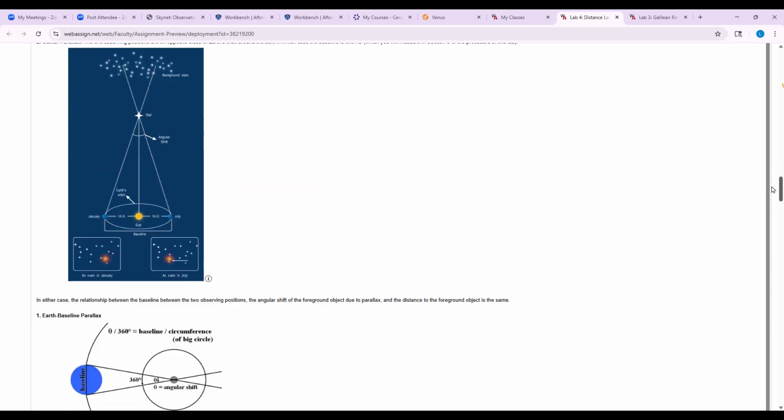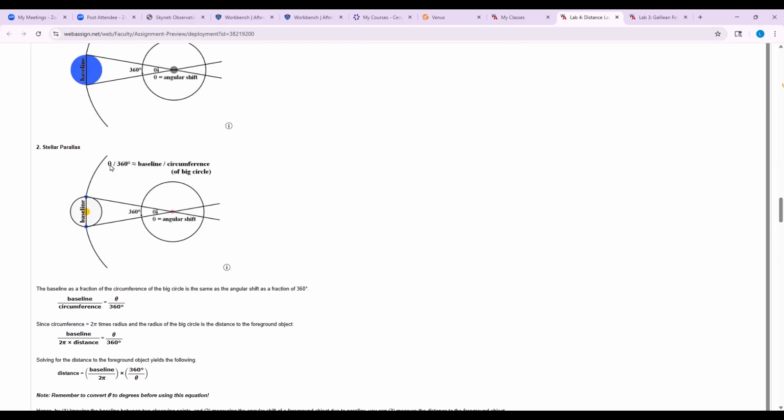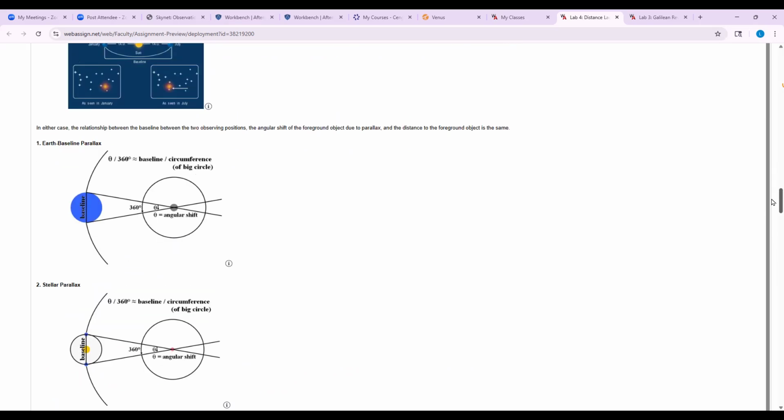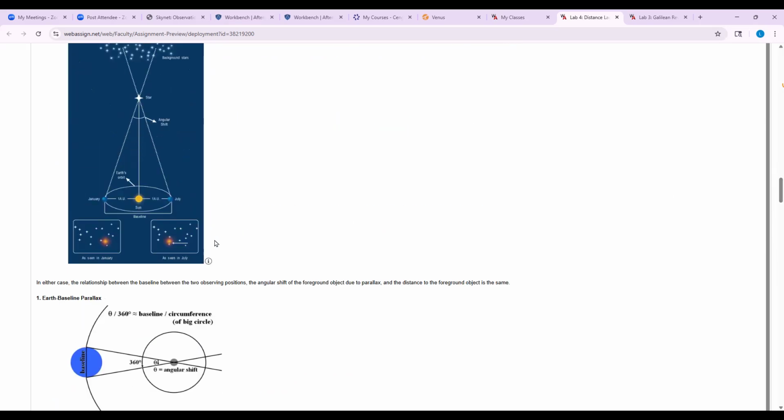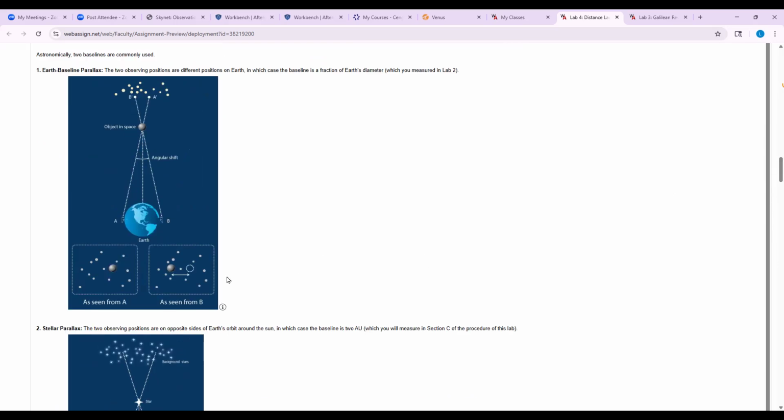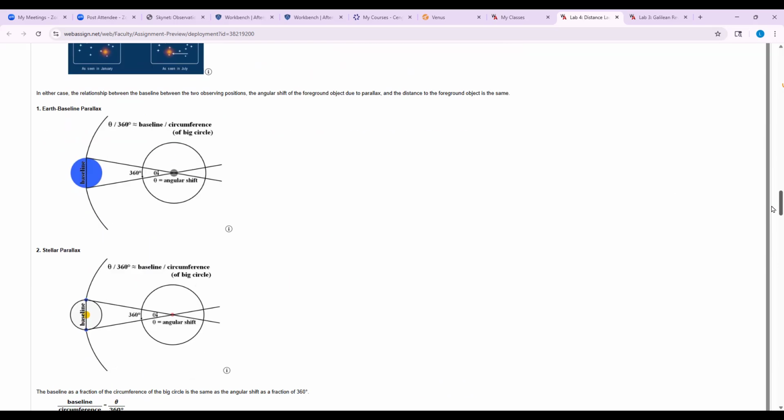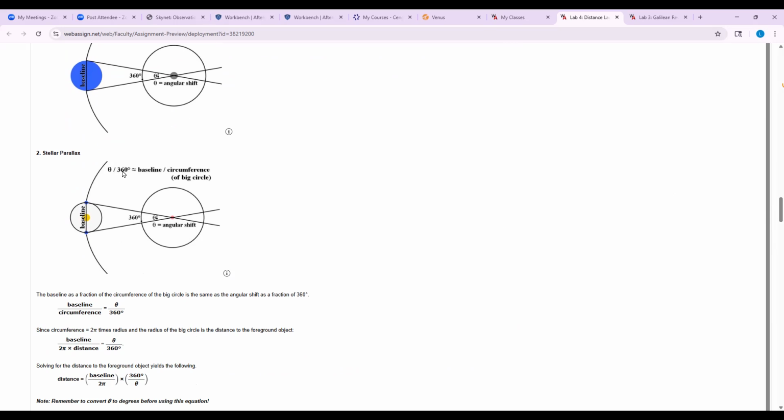Therefore, here we're going to have the same proportion. Whatever angular shift you see in the location of the object in the sky, you can measure it like this. Theta divided by 360 is equal to the baseline divided by the circumference of the big circle.